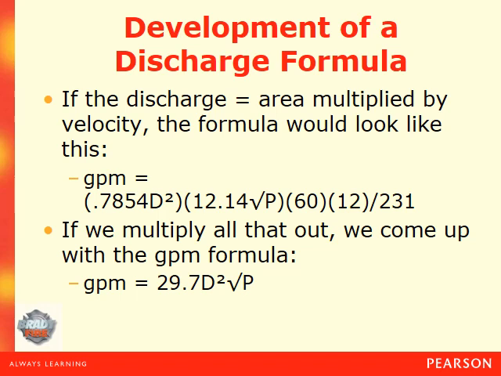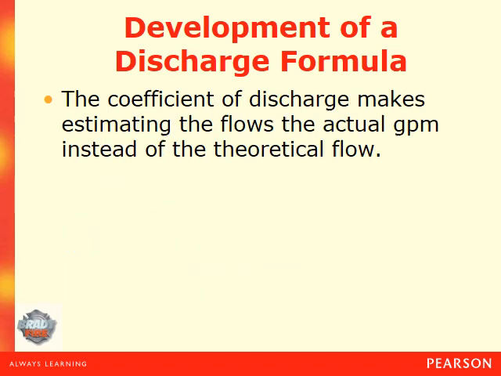If we multiply them all out together, you come up with the GPM formula, 29.7 times the diameter squared times the square root of nozzle pressure. And again, you should refer back to those standard pressures that we mentioned earlier for a solid line, a fog line, and master stream devices.